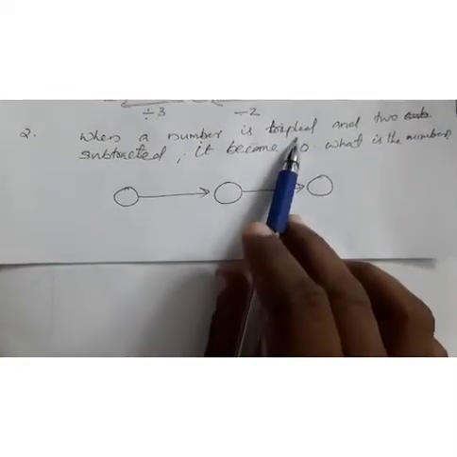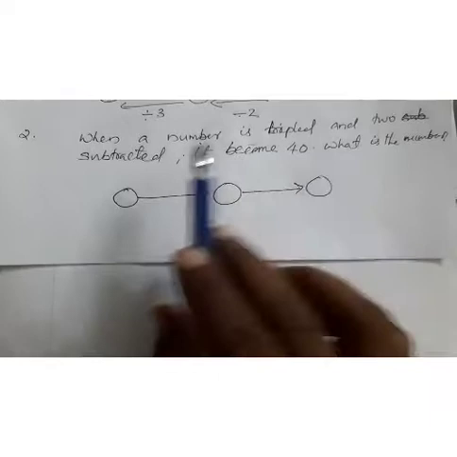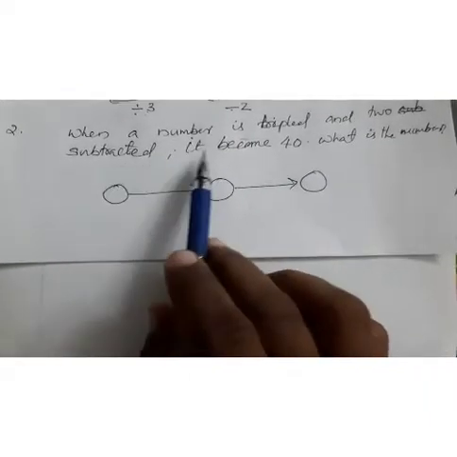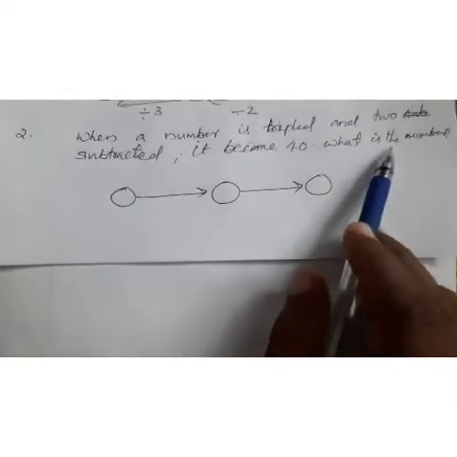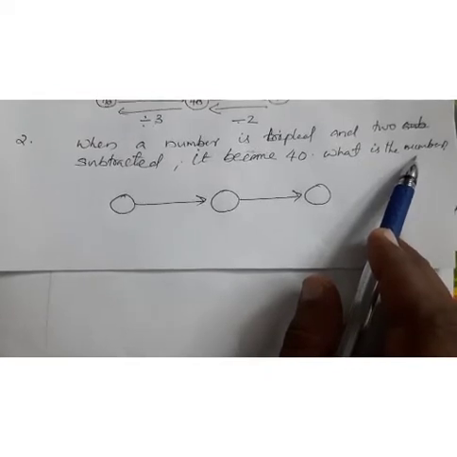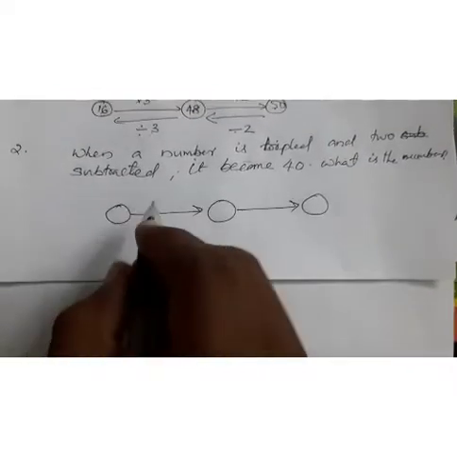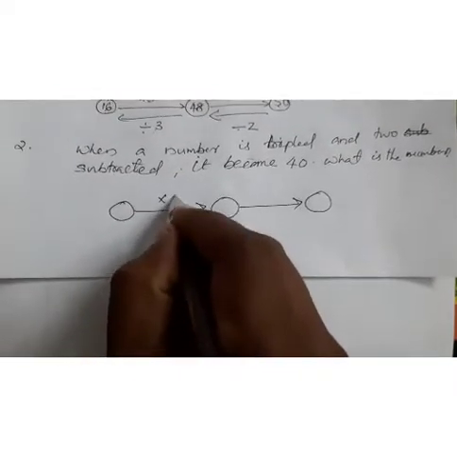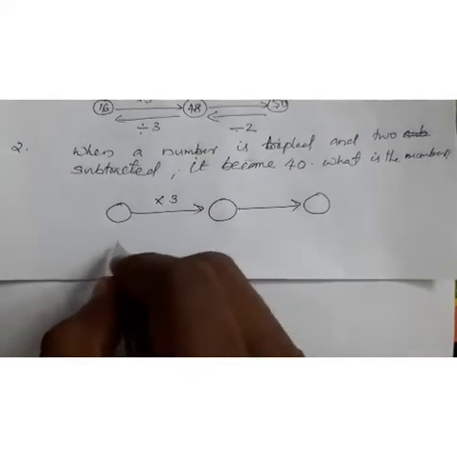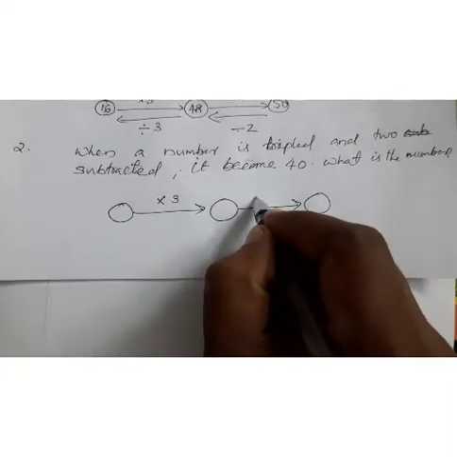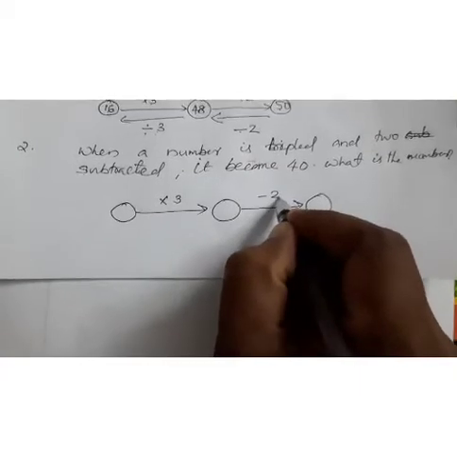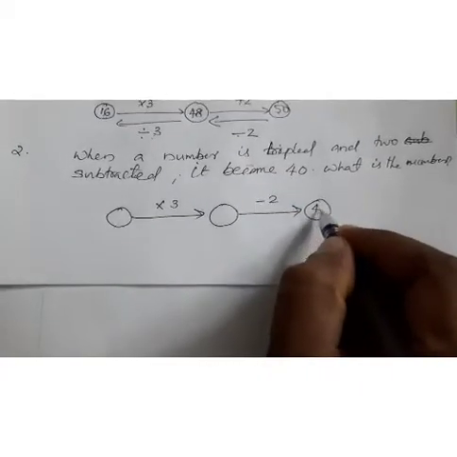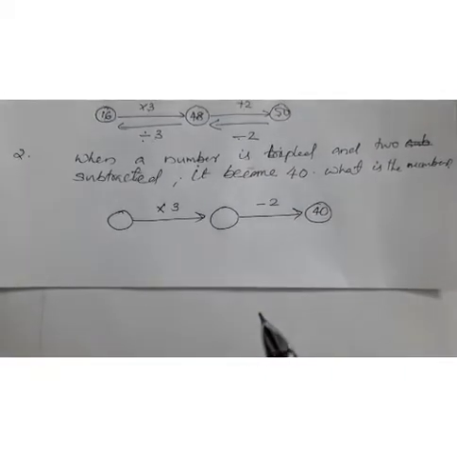When a number is tripled and 2 is subtracted, it becomes 40. What is the number? When a number is tripled, it means you multiply by 3, then subtract 2, and you get 40.